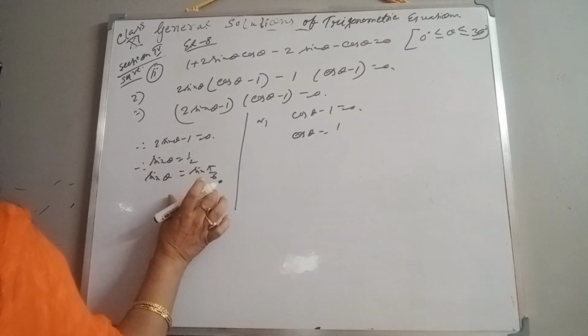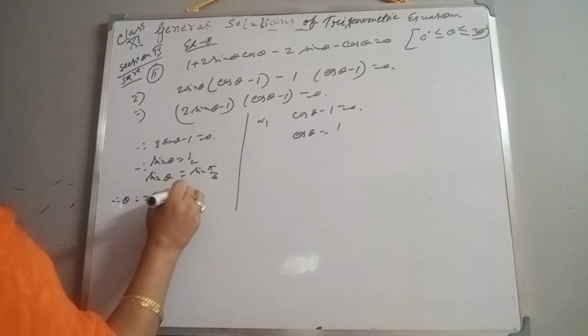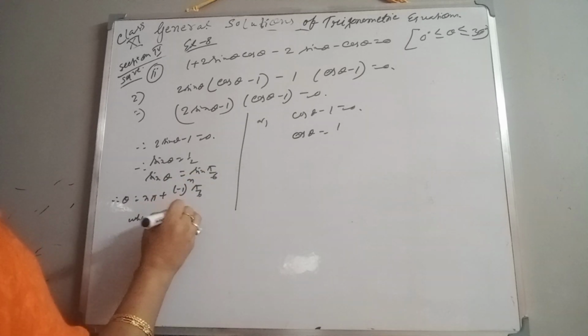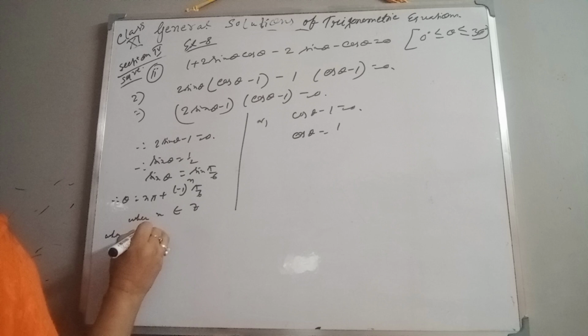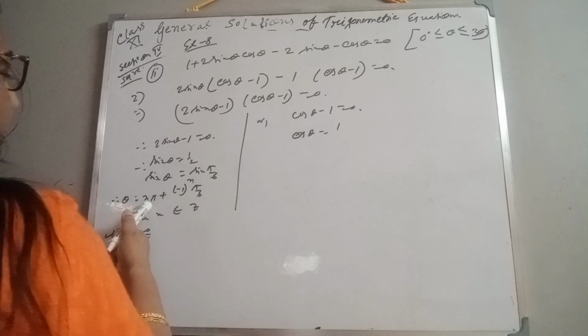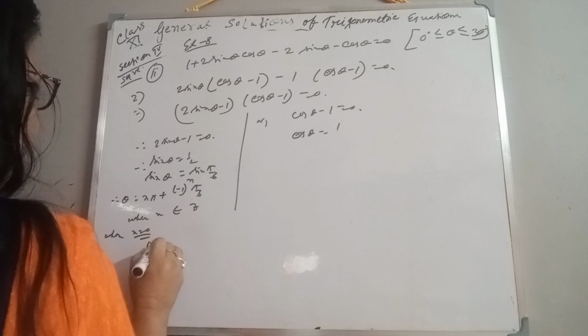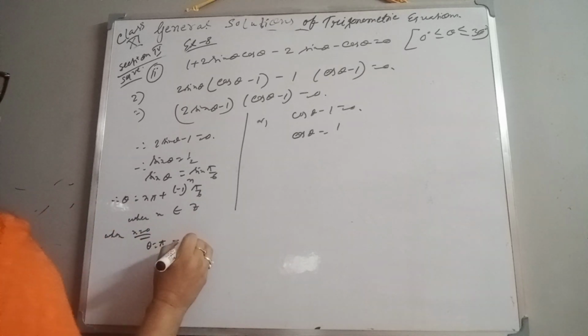So sin theta equals sin alpha means theta equals n pi plus minus 1 whole to the power n pi by 6, where n belongs to the integers. Now when n is equal to 0, minus 1 to the power 0 is 1, so theta is only pi by 6, that is 30 degree.